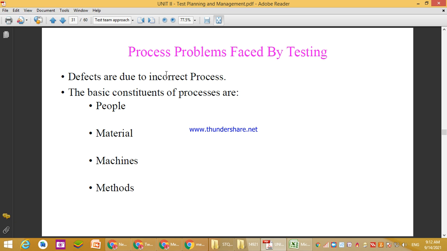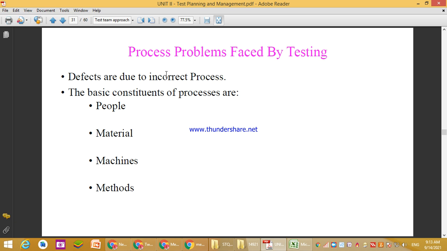Then whatever feedback is given by the users, if it has the wrong path or wrong direction, then in that case the testing phase goes into problems. Many times a new user using any software, because of lack of knowledge of how to use that software or what actual requirements they want, the basic or core requirement, if they don't know how to handle that software, then these people can create problems.